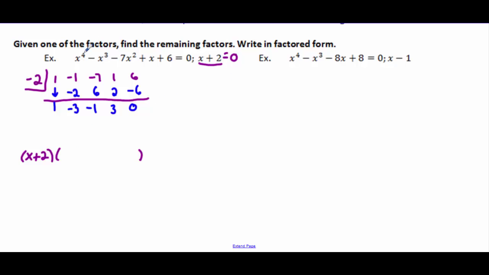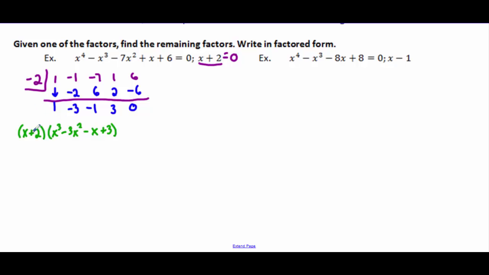But if we start off with x to the fourth, then our answer starts with x cubed and then x squared, then x, then a number, then a remainder. So I'm going to rewrite this up higher so that I can save some room. So we divided x plus 2, and now we're getting an answer of x cubed minus 3x squared minus x plus 3. Now our remainder is 0, so we don't need to write it.